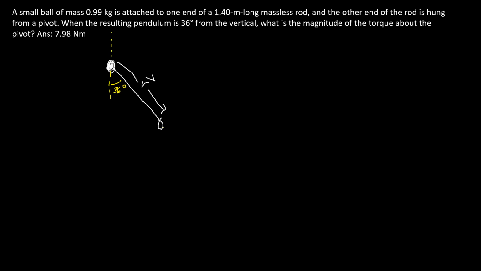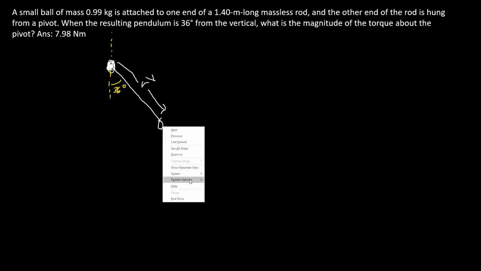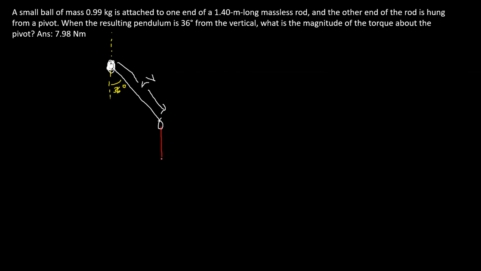The only force acting on the small ball, and clearly the small ball will rotate because it's a pendulum, so that swinging action is a form of rotation. There's only one force acting on the small ball, the force of gravity, the weight of the small ball, which is mg.